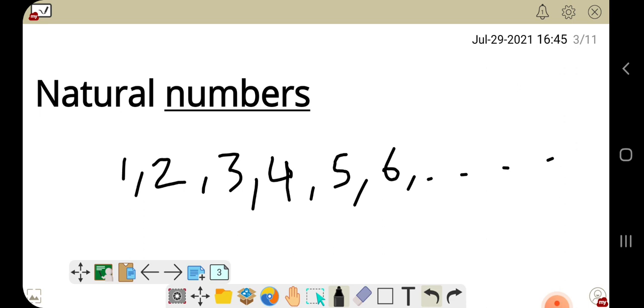All these numbers are called natural numbers. You have to remember one thing, that natural numbers will be starting from 1 and these numbers are the positive numbers from 1, 2, 3, 4, 5, 6 and goes on. So all these numbers are called as natural numbers.